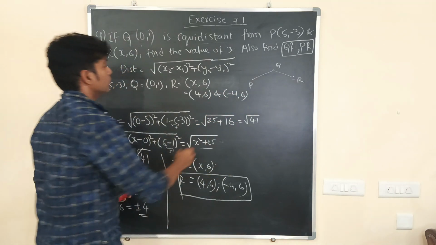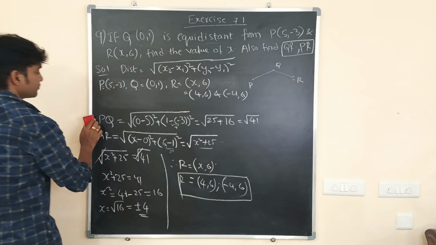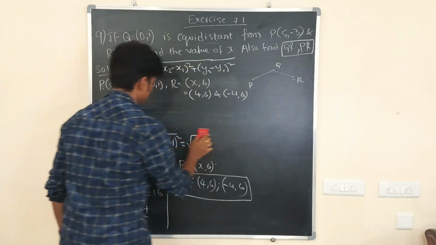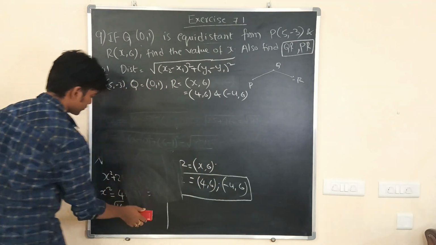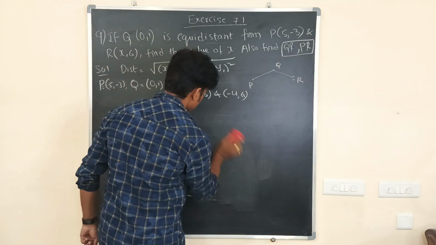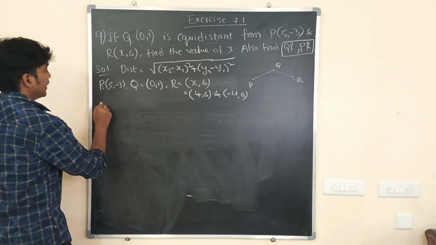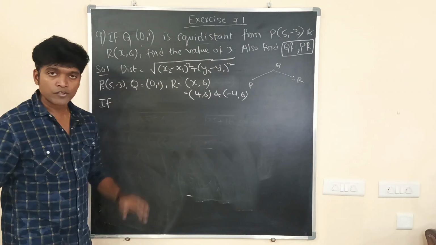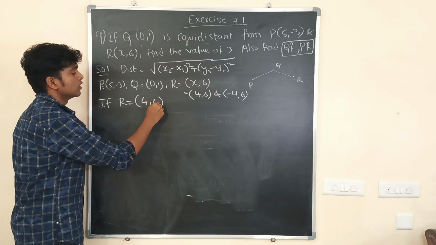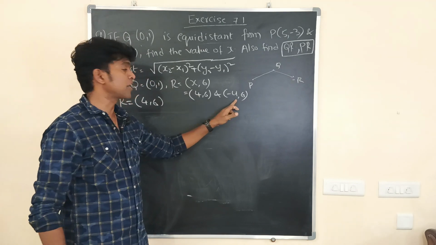Now we have to find the values of QR and PR. We got two values of x, so we got 2 points of R, 4 comma 6 and minus 4 comma 6.